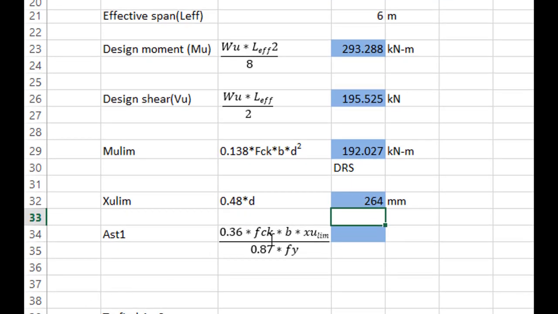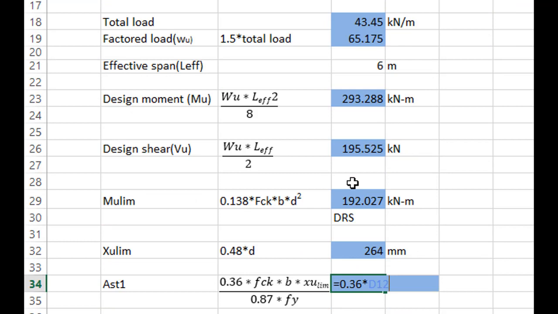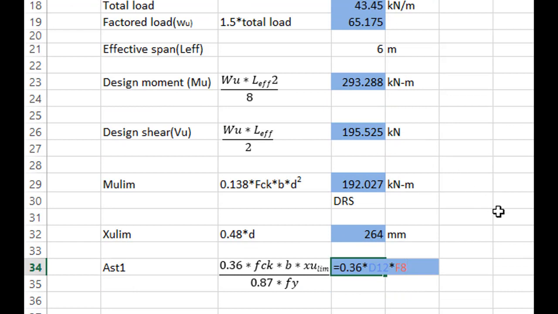So the formula of AST, we have to calculate first the value of AST1, and the formula is given here: 0.36 FCK B into XU limit divided by... so let us input the values here. Equal to 0.36 into FCK is 20 Newton per mm square, FCK into B is here 230, into XU limit we have calculated here.